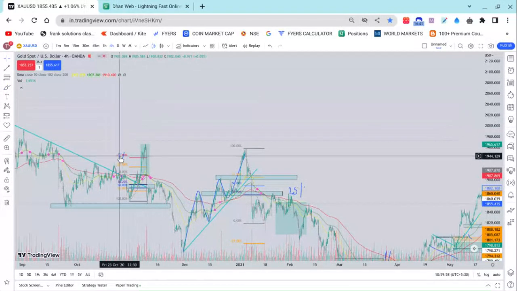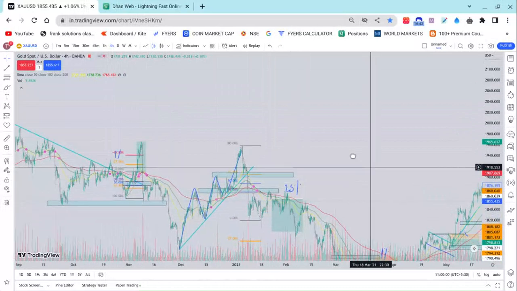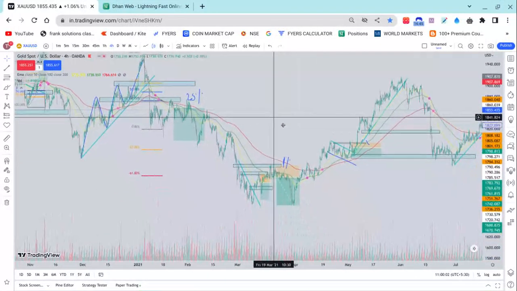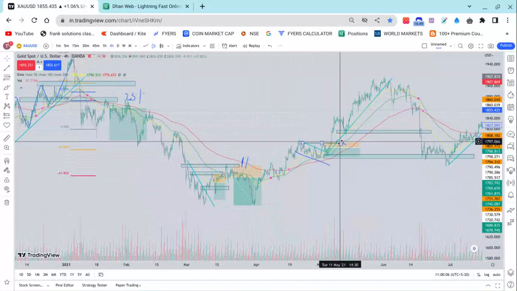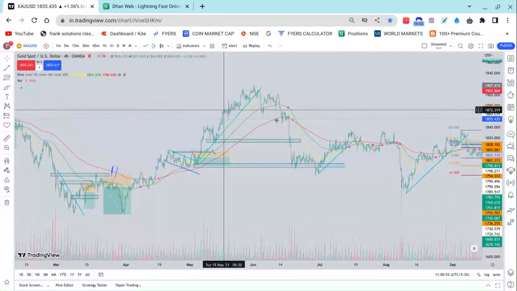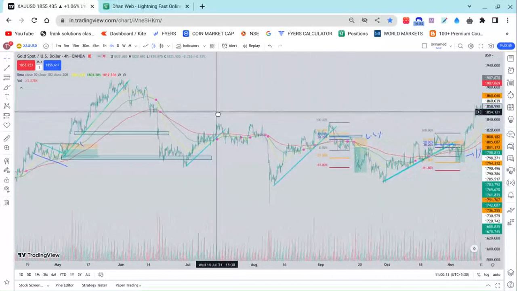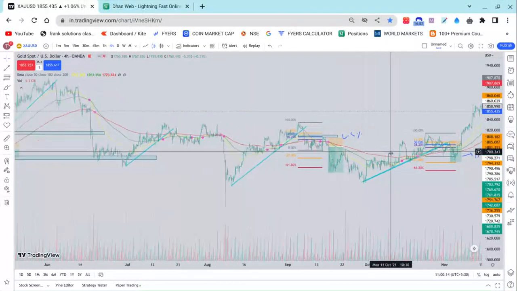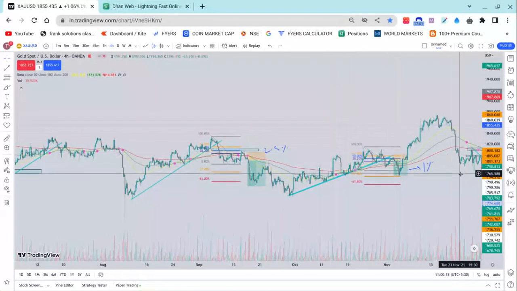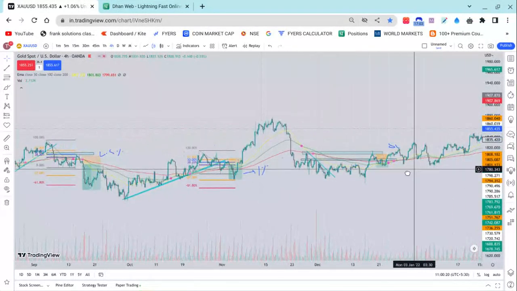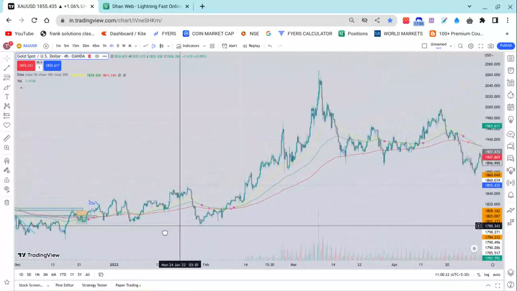So 1% here, 2.5% here, 3.5%, 4.5%, then an SL, so 3.5, then 4, then 3.5, 4.5, 5. This is 5%, 6%, and 5% now.